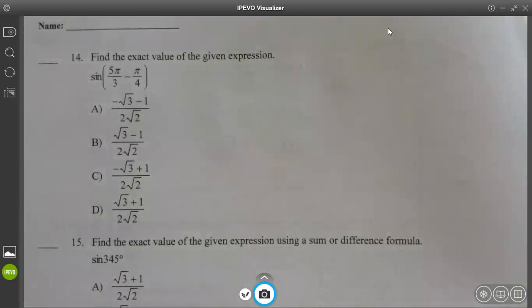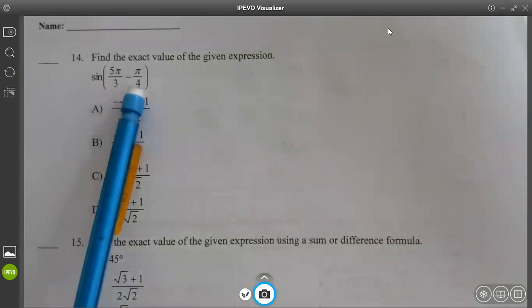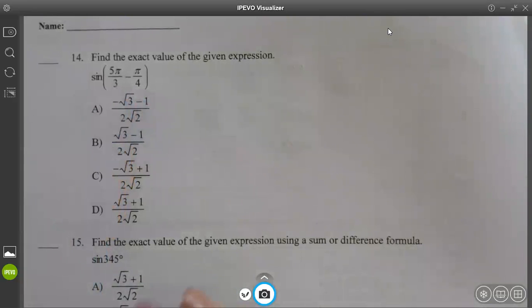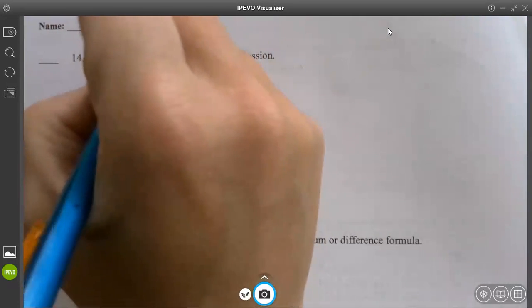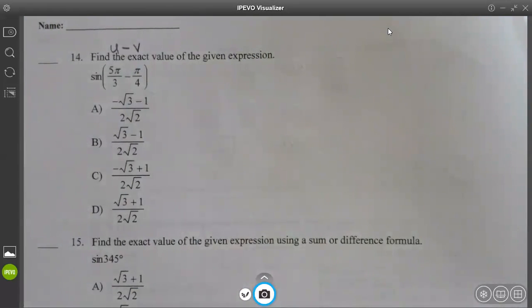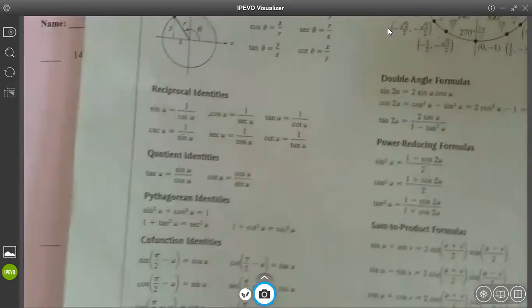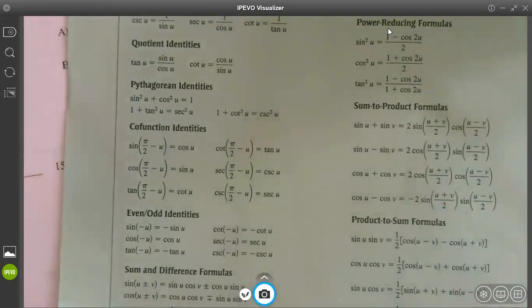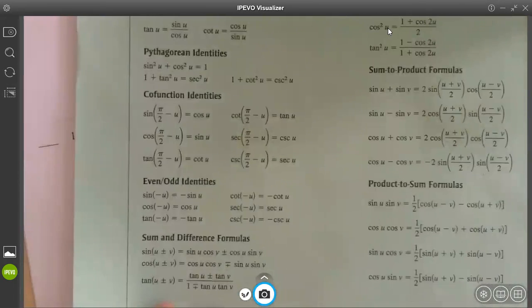All right. What is this? What have we done that looks like this? An equation. Congratulations. Unit circle. This is U minus V. What's your formula for that? If you look on your cheat sheet, there it is.